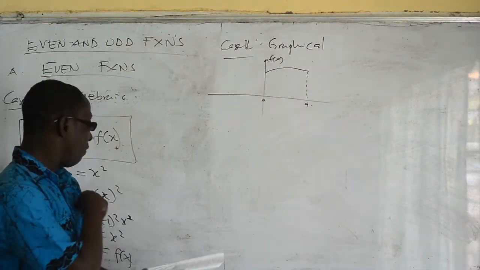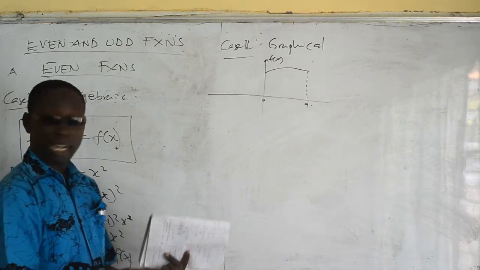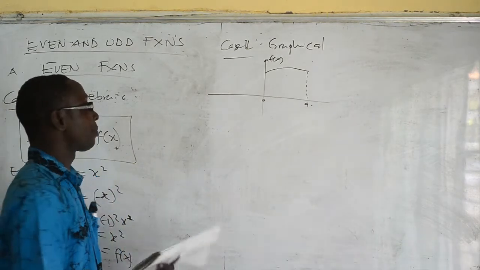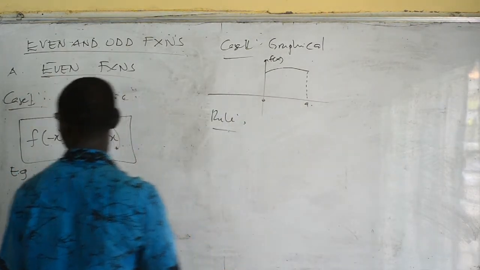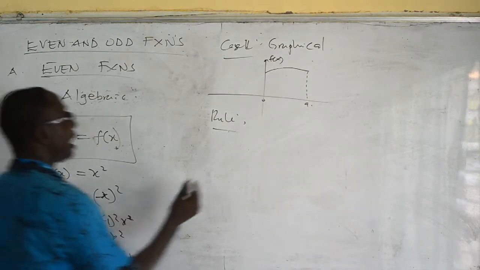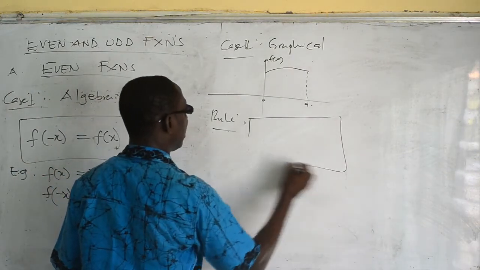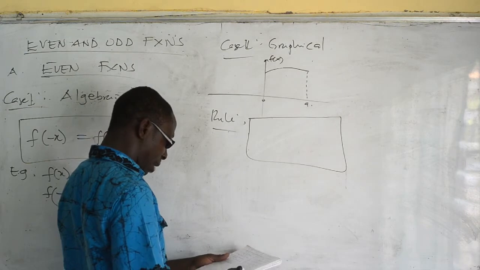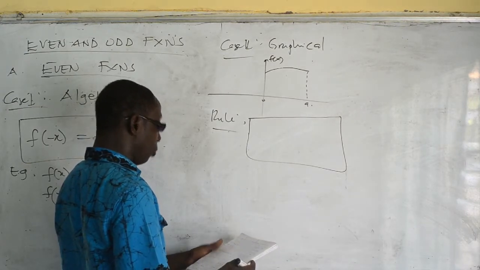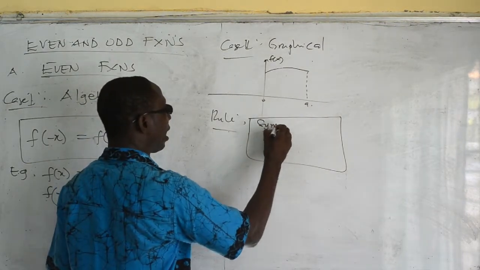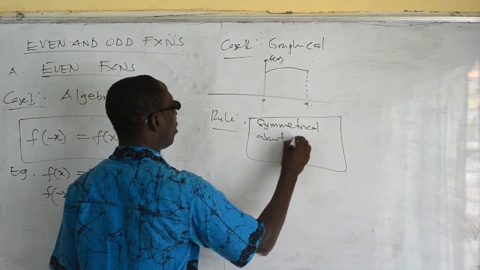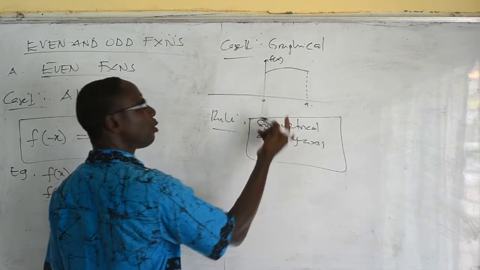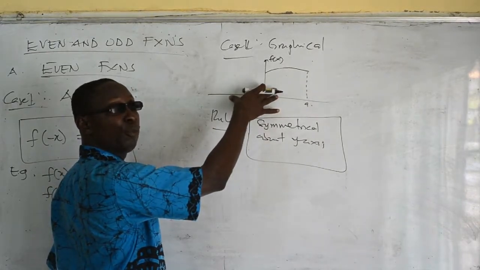If this graph is even, then the rule is that it is symmetrical about the y-axis. In other words, complete it such that the symmetry will be about the y-axis.